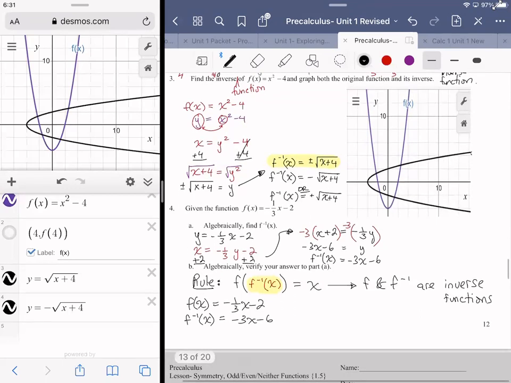What this rule is telling us to do is take my assumed inverse function and plug it into the original function everywhere I see an x.